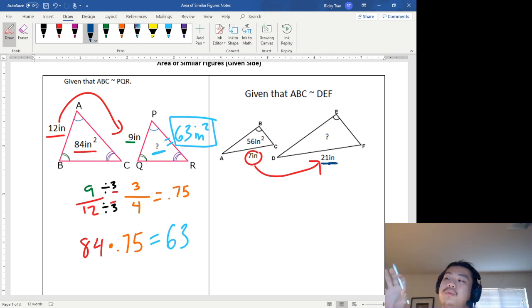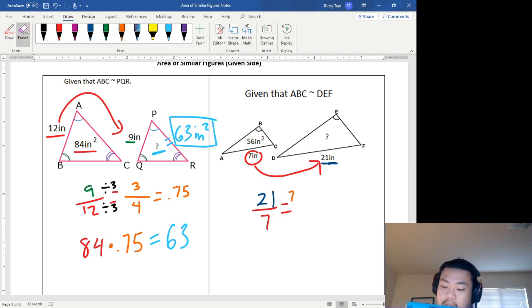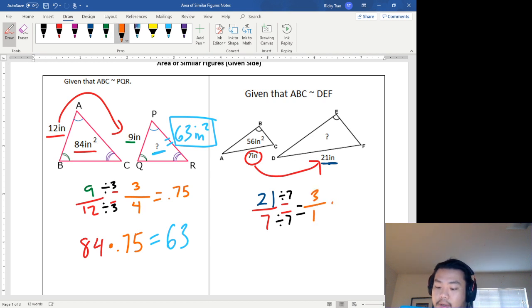The shape with the missing values is always going to go on top. So 21 is going to go over 7, which is simply 21 divided by 7. So the scale factor is 3 over 1, or just 3.